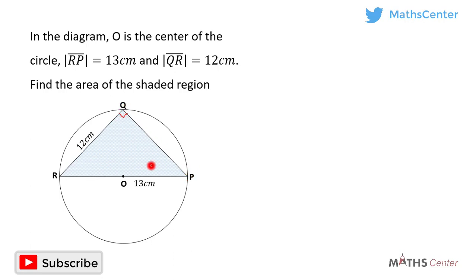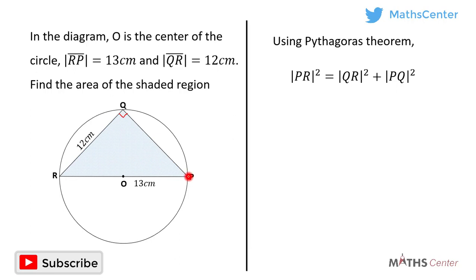In this right-angled triangle PQR, RP is the longest side, or the hypotenuse. So if we apply the Pythagoras theorem on this triangle, the length of PR squared is equal to the length of QR squared plus the length of PQ squared.